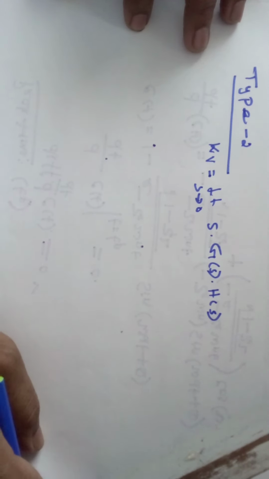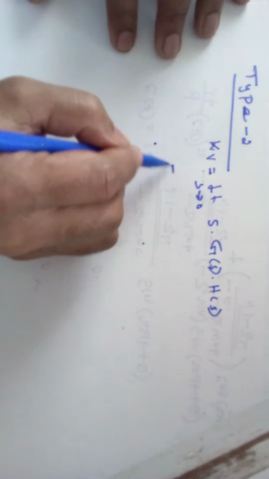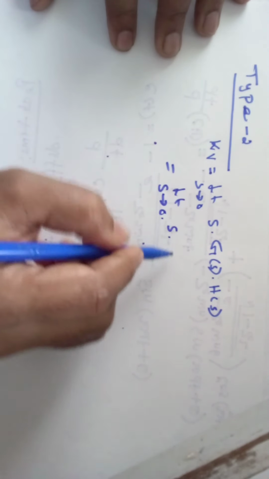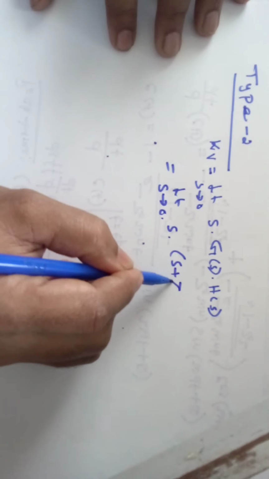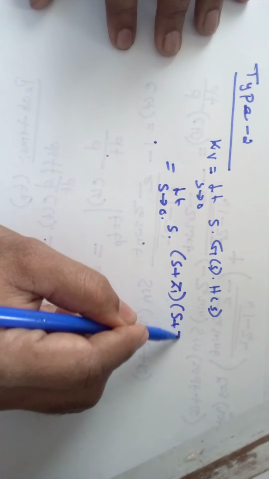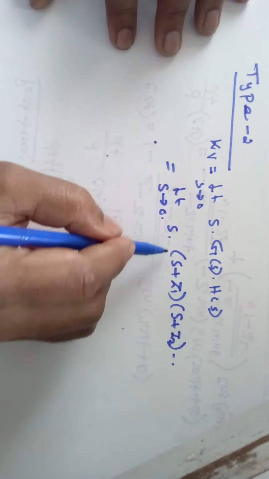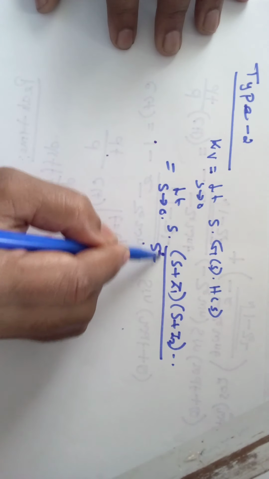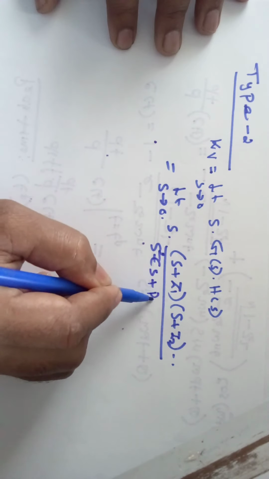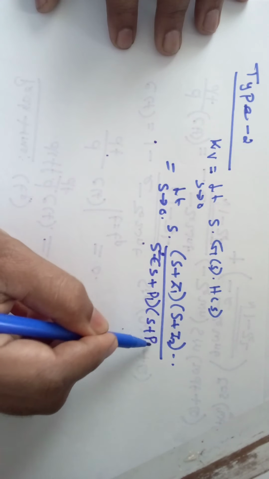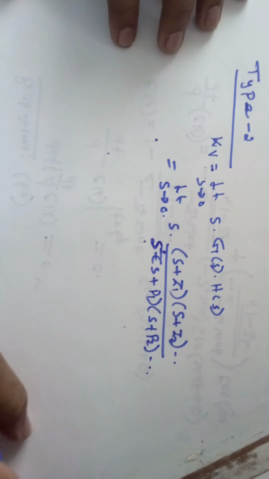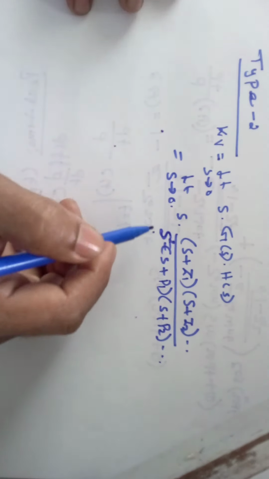It's a unity feedback system, therefore you can write this as limit s tends to 0 of s into the numerator polynomial (s plus z1)(s plus z2), etc., divided by s into s square into (s plus p1)(s plus p2), etc. Why is this s square? Because it is a type 2 system. This is the general form of a type 2 system.